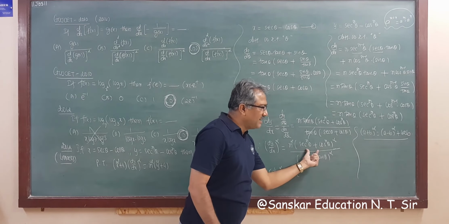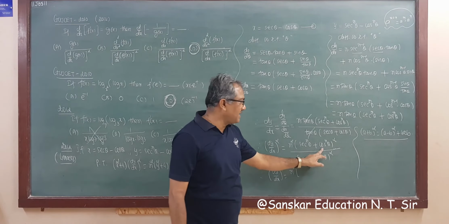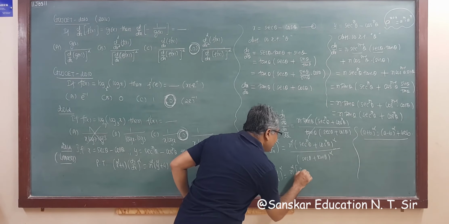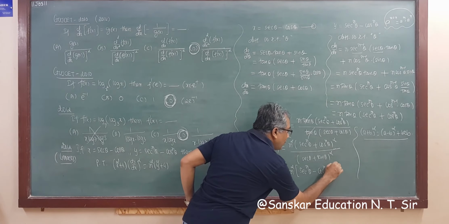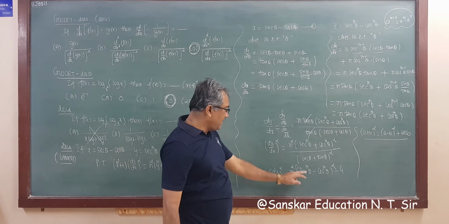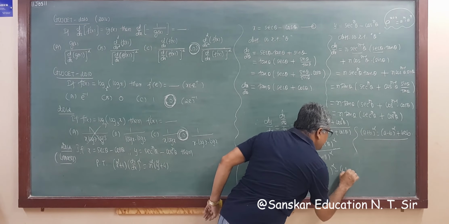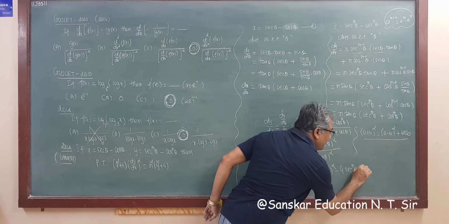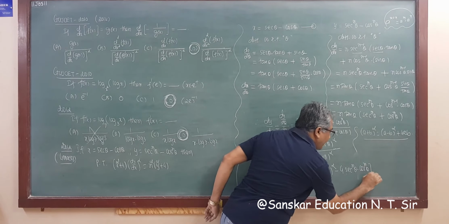A is sec raised to n theta, b is cos raised to n theta. So this becomes (sec raised to n theta minus cos raised to n theta) whole square plus 4 times ab. ab is sec raised to n, cos raised to n. So this is plus 4 times sec raised to n theta, cos raised to n theta. Got it?